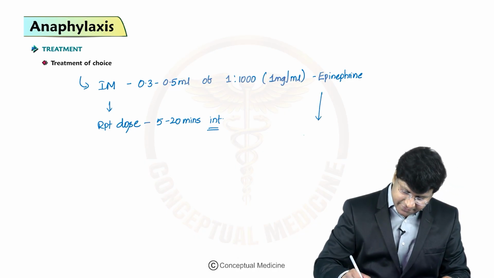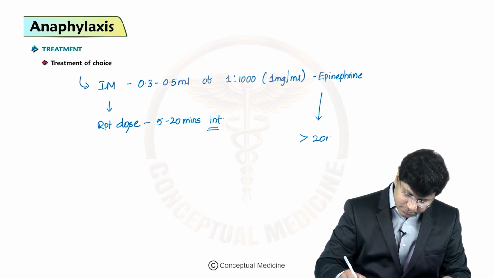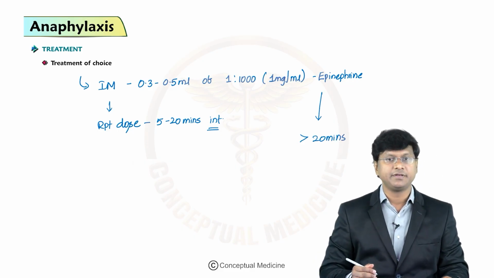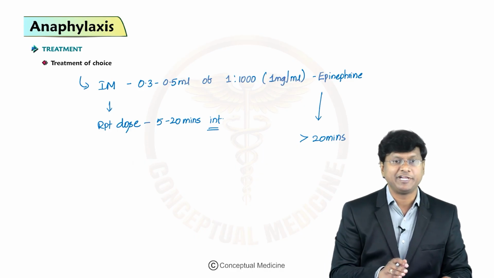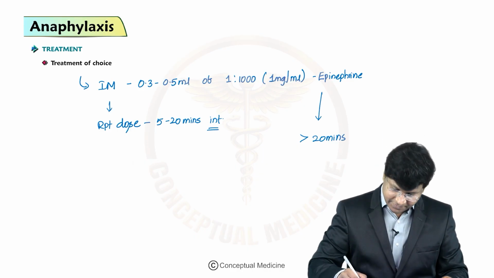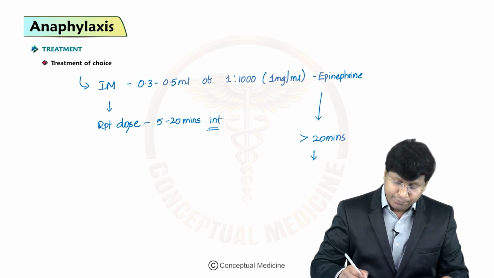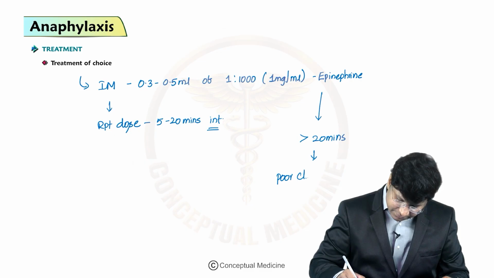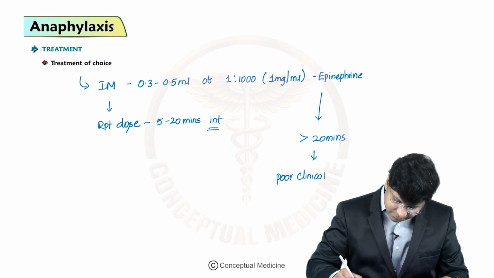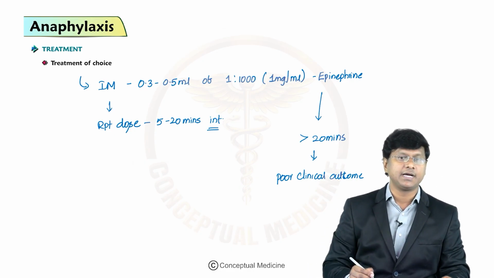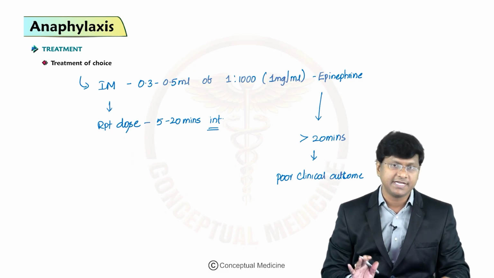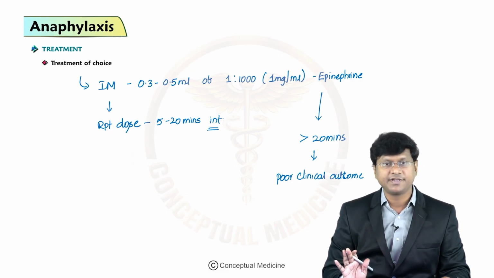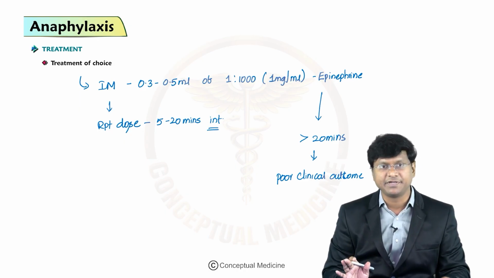If you give epinephrine after 20 minutes, then there is risk of poor clinical outcome in various studies of anaphylaxis. So that is about the treatment of choice, which is nothing but your epinephrine.